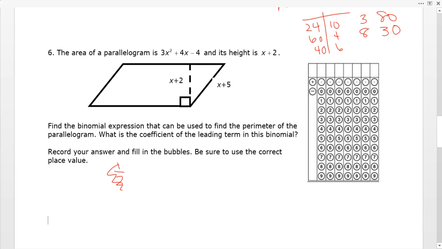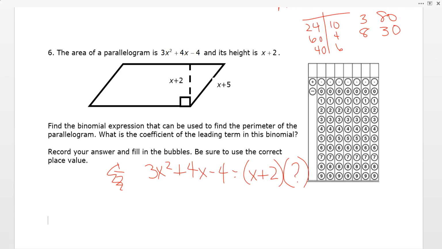So I don't know the base, but I have the height. So I'm going to factor my 3x.